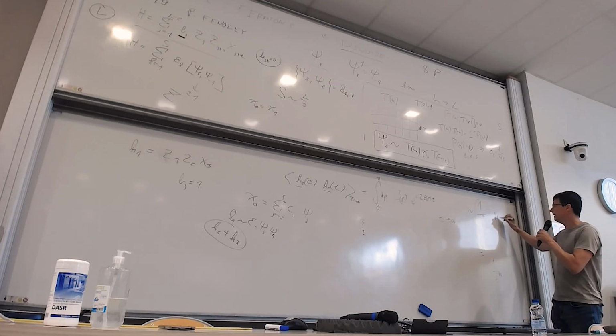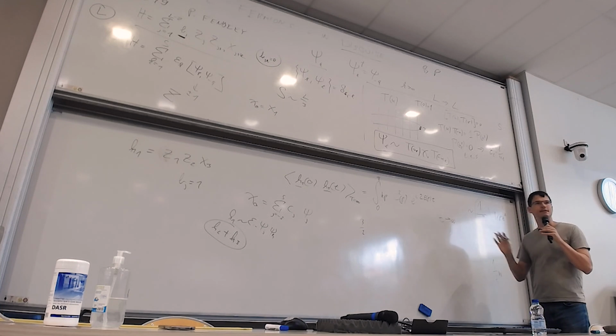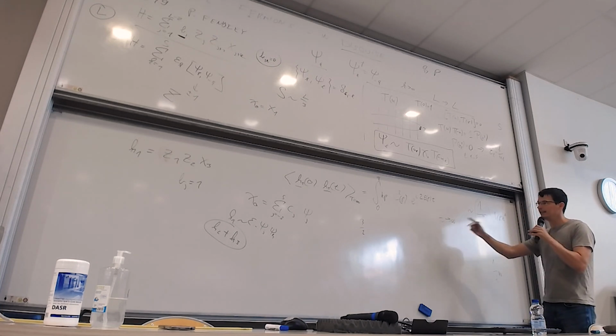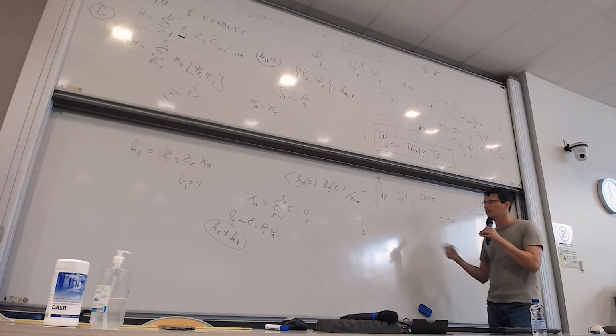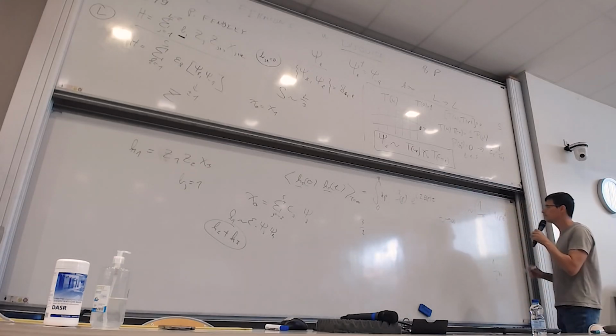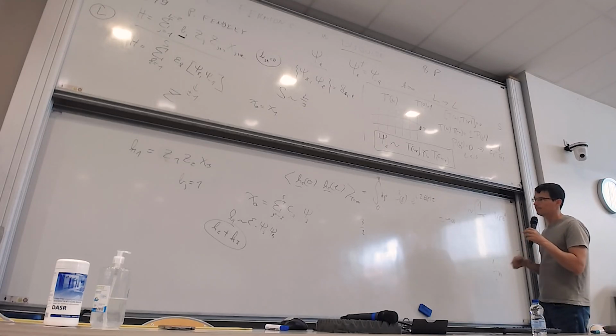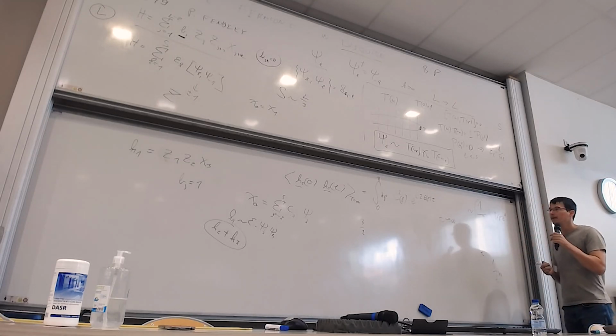But somehow this is related to KPZ, at least on the level of scaling exponents. I'm not saying that the physics is KPZ because we don't know. Maybe it's completely different. But the scaling exponents somehow combine. So a normal scaling exponent combines with this KPZ scaling exponent, and eventually the end result is this strange thing. Yeah, I mean, that's the end.